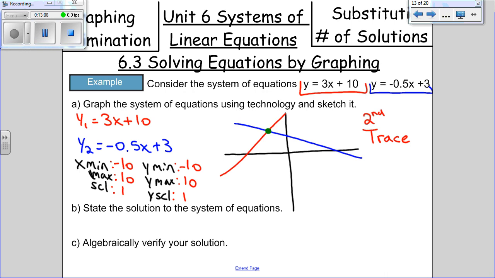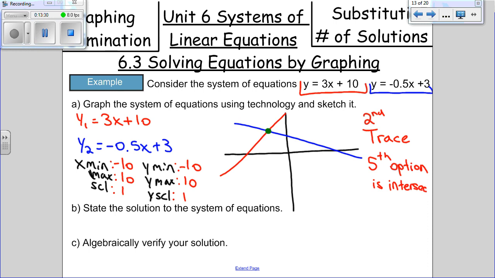Which one of those options do you think would tell you where two lines are going to intersect each other? The fifth option is intersect. Click that. So you're going to hit the fifth option.